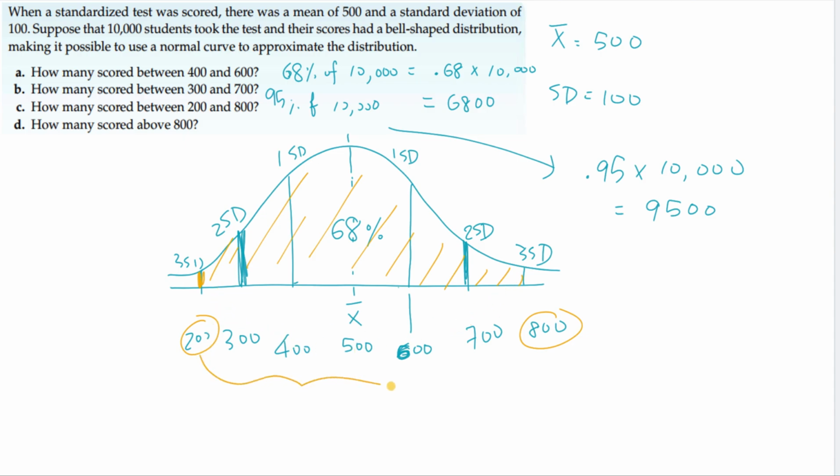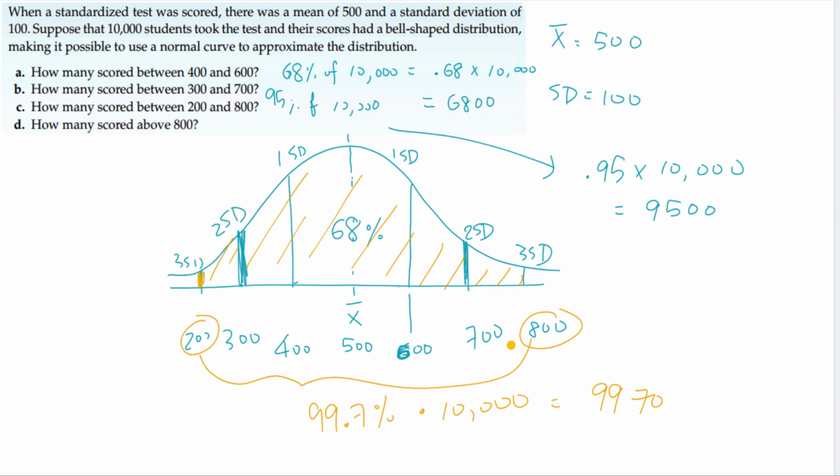So here we have 99.7% of students, right? 99.7% of 10,000 students. In other words, the number is 9,970. That many students have scored between 200 and 800.